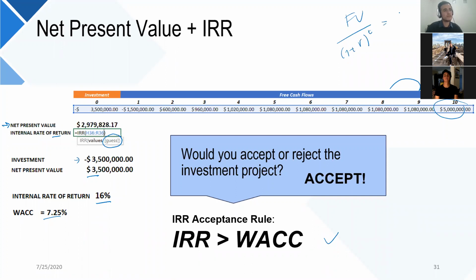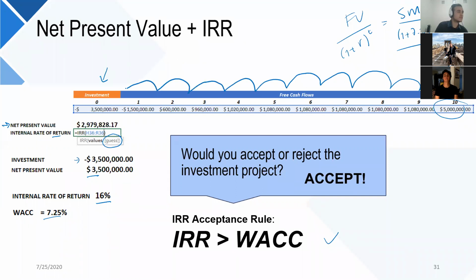In this case, you will have 5 million divided by 1 plus a WACC of 7.25% to the power of 10. This will be the formula to discount this 5 million, to turn it into pesos at period number 0. And what I want you to see here is that you are actually decompounding the 5 million pesos each period until you get to period 0.